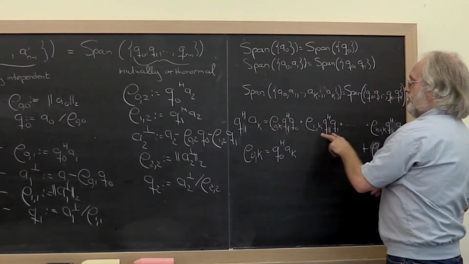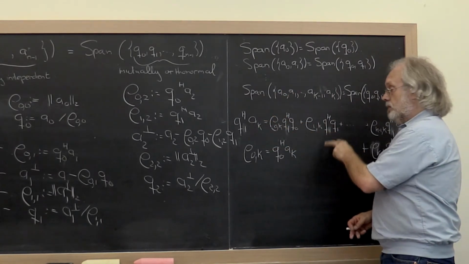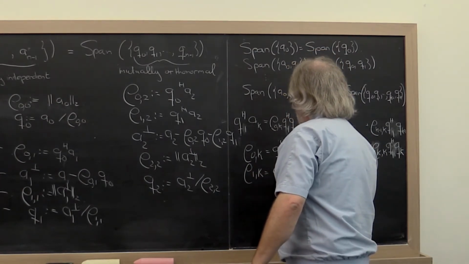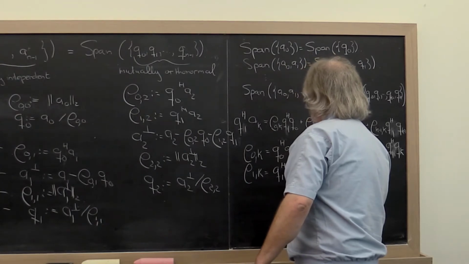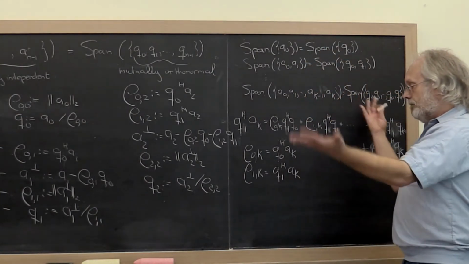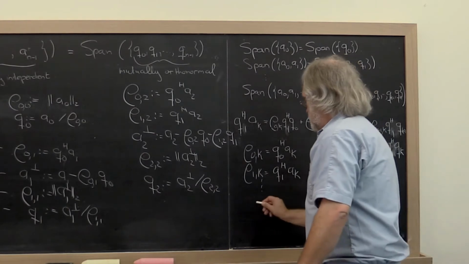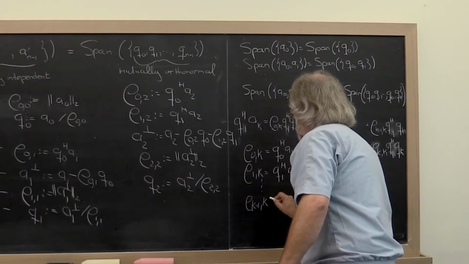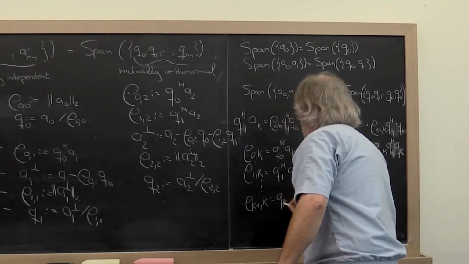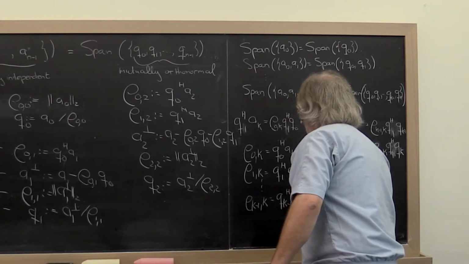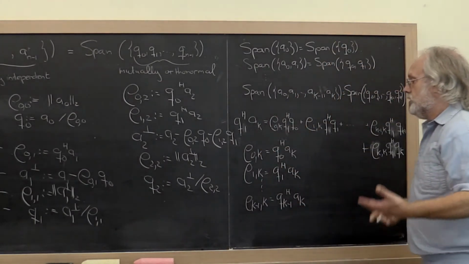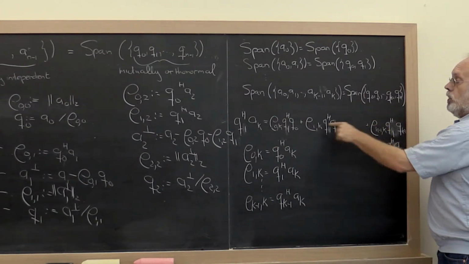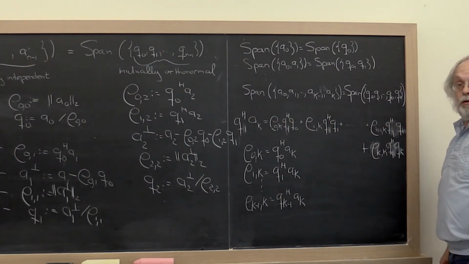All of the terms, except for the one that involves q1, disappear. And we conclude that rho 1k is equal to q1 dot product with ak. And obviously this is true in general. So, we know how to compute all of these coefficients right here.